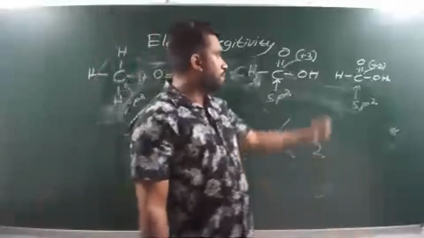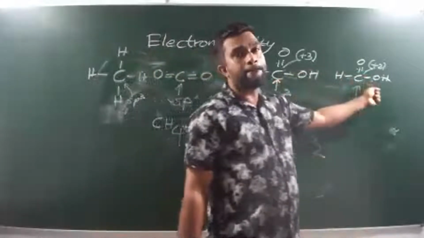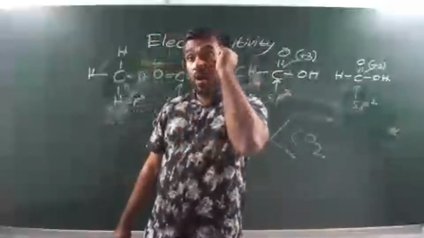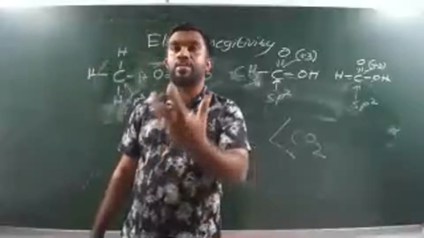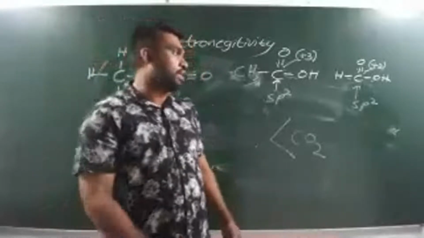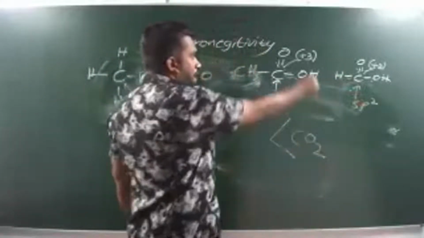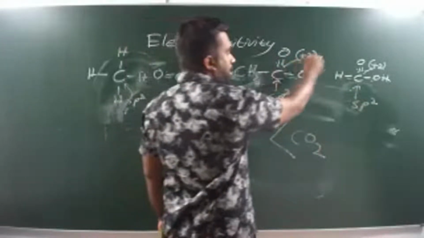Now this one has +3 oxidation number, and this one has +2. Now, what does the theory say? When the oxidation number is greater, the electronegativity is greater. So when you are comparing acetic acid and formic acid, this one has +3 oxidation number and this has +2.